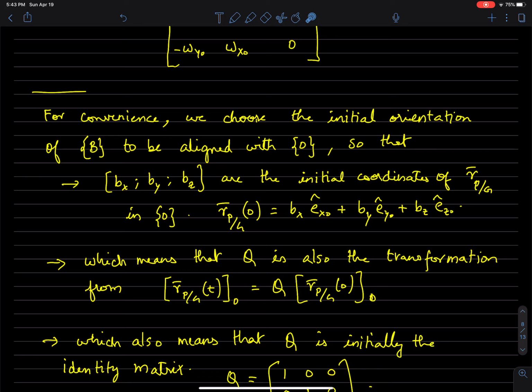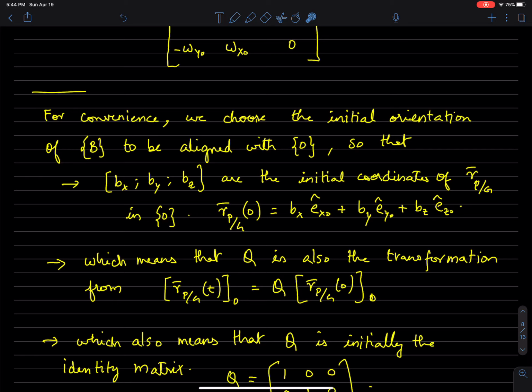Now, what we do is, for convenience, we choose the initial orientation of the body fixed frame to be aligned with zero, namely the non-rotating frame, right? So initially at time t equal to zero, the zero frame is exactly the same as the body fixed frame. That's just an arbitrary assumption that we're making.